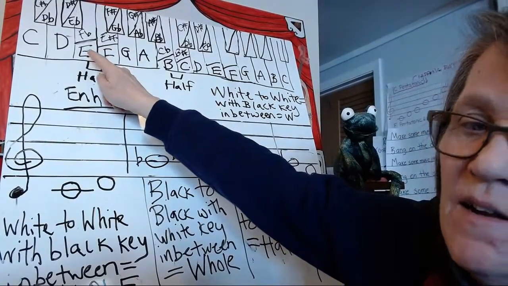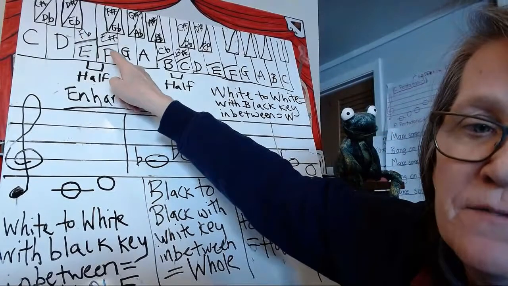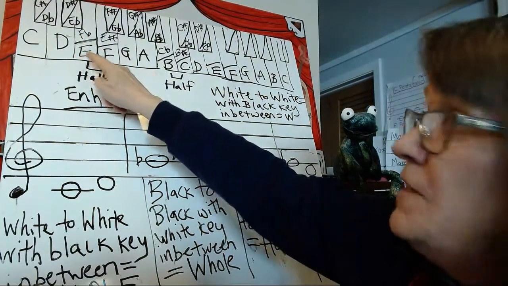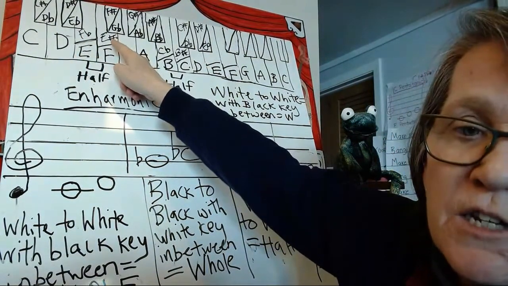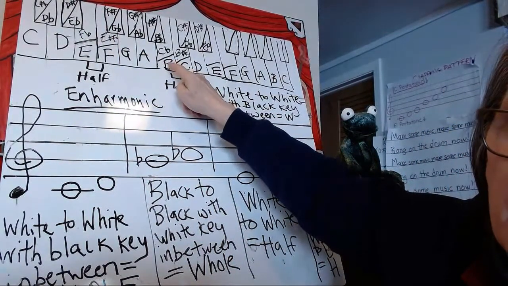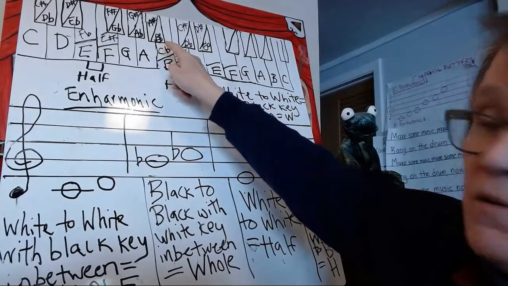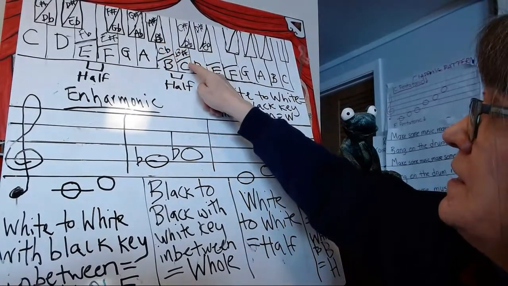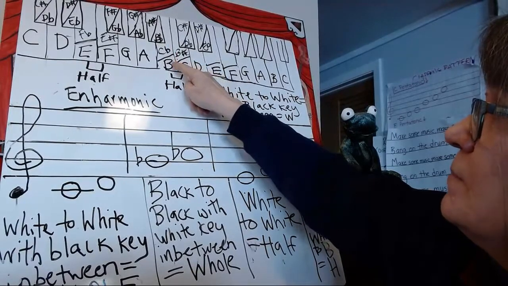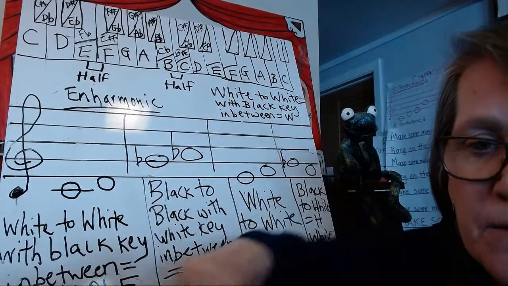It is an E, but it can also be called an F flat. This is an F, but it's a half step above E, so we can also call it E sharp. This is a B, which is how we know it, right? But we can also call it C flat because it's a half step below. This is a C, we can also call it B sharp because it's a half step above B.